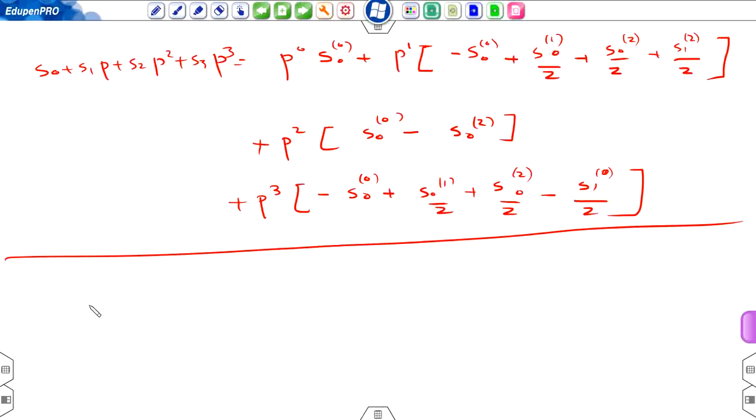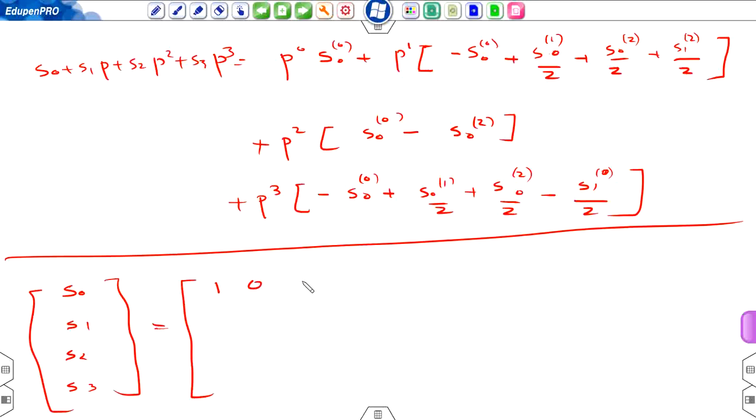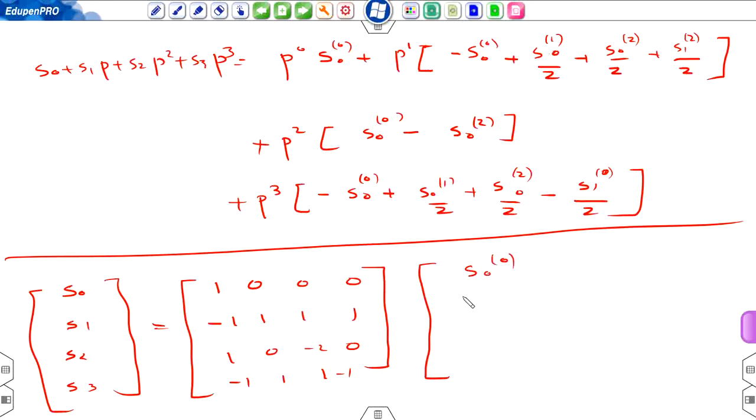and this can be written in the matrix form as 0 s1 s2 s3, and on the right hand side I have 1 0 0, that is the post addition matrix, 1 0 minus 2 0 minus 1 1 minus 1, and this will be a column matrix with values S of 0 0, half S of 0 1, half S of 0 2, and minus plus half S of 1 2.